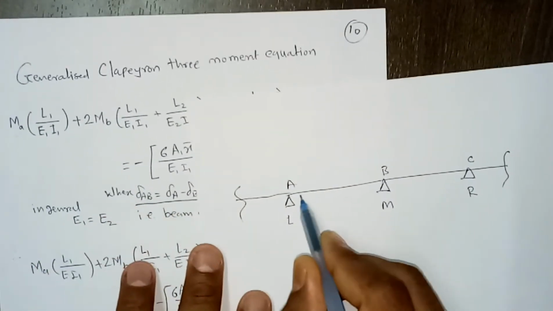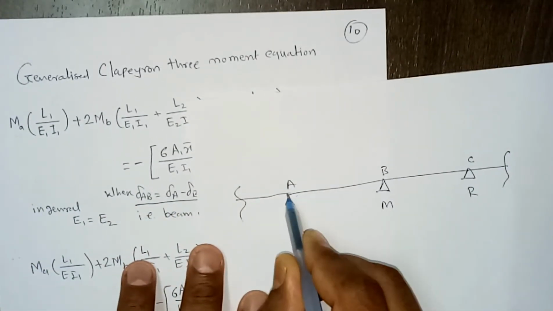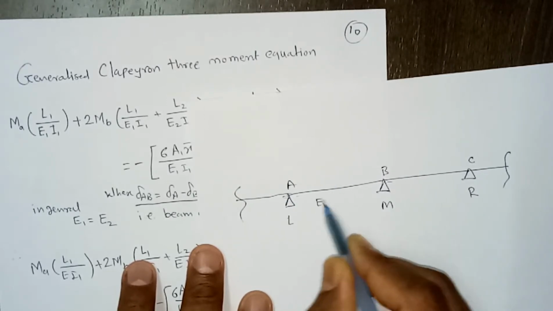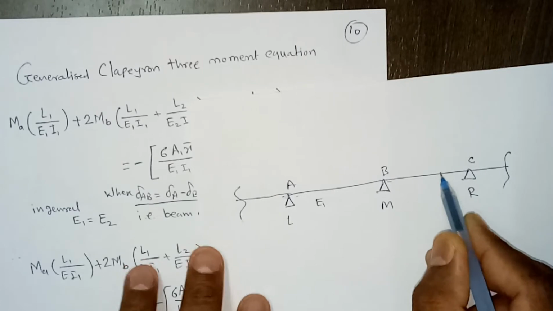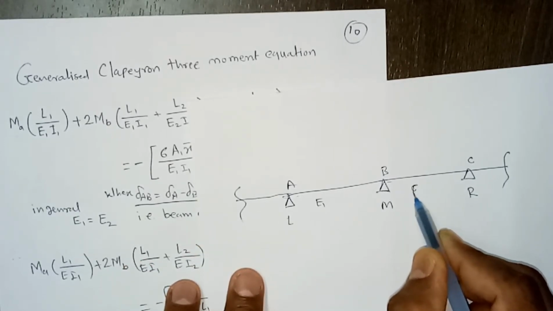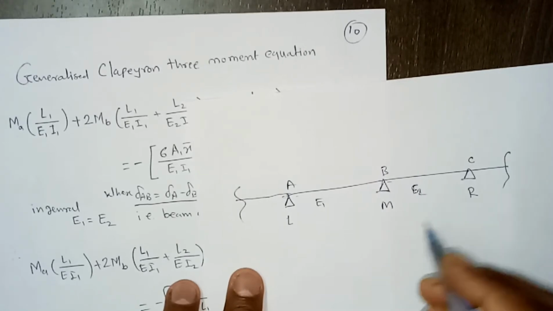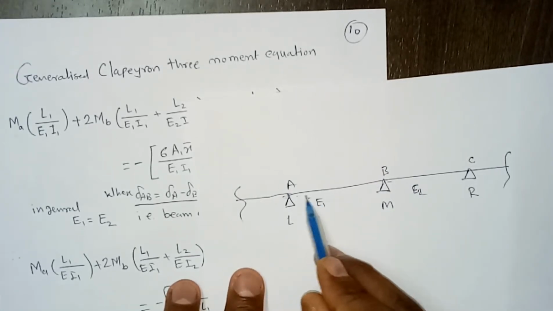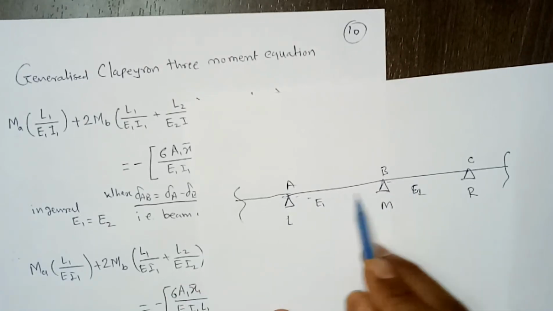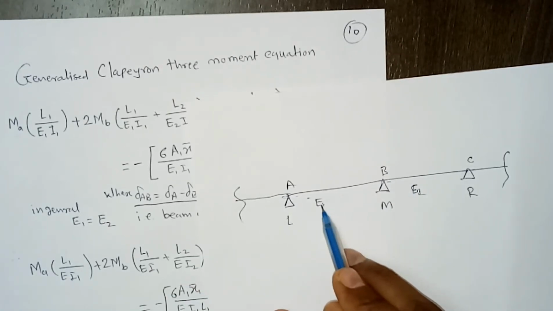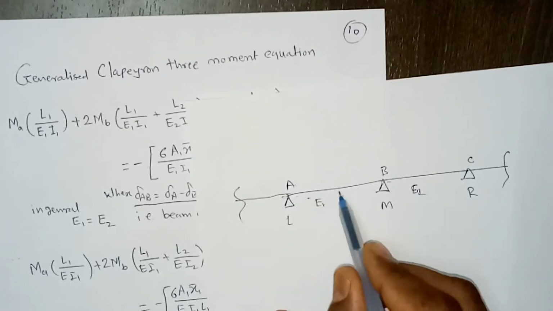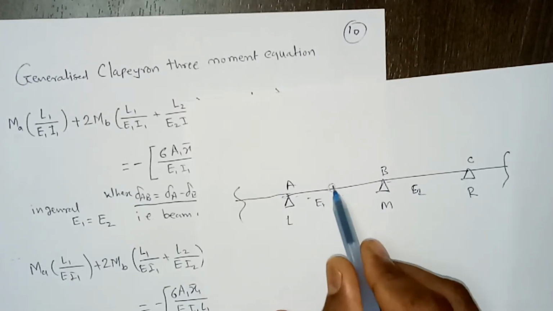If this portion of the beam has a different material property, for example this is of steel, and this span is of say concrete, no doubt practically it is difficult, but in some situation you can have a beam with two different materials. In that case the Young's modulus of this span will be different from the Young's modulus of that span. Also the cross section area of this beam can be different.